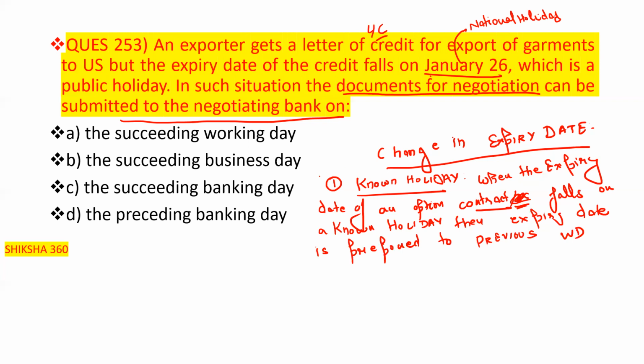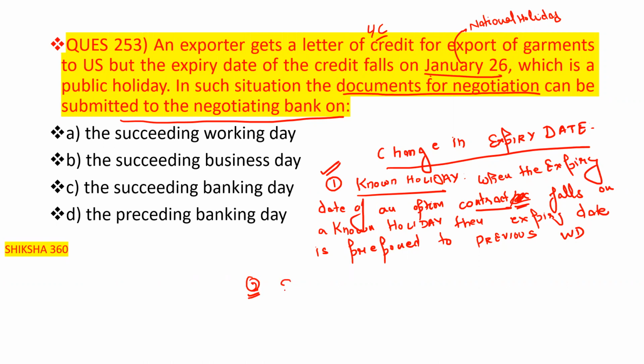When the expiry date falls on a known holiday, the expiry date is preponed to the previous working day. According to the explanation I am giving here, what is the correct answer? Please tell fast. And please go through the second one.